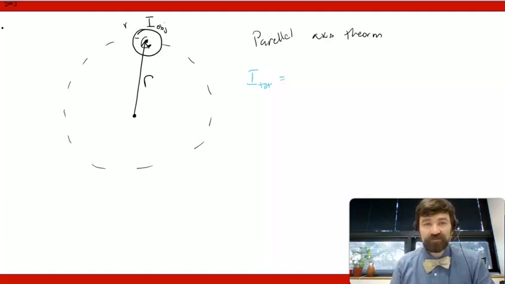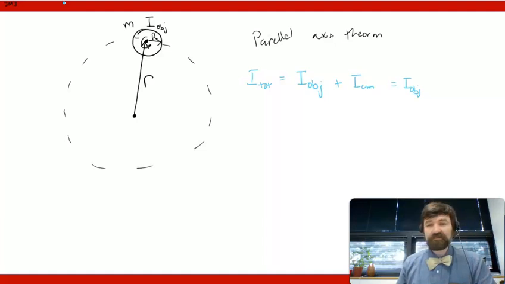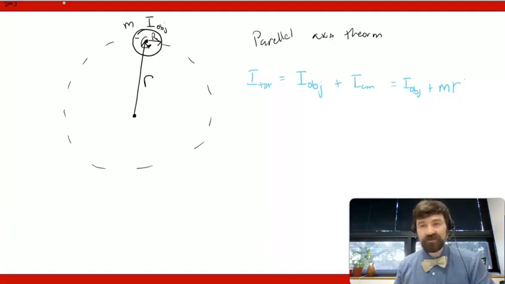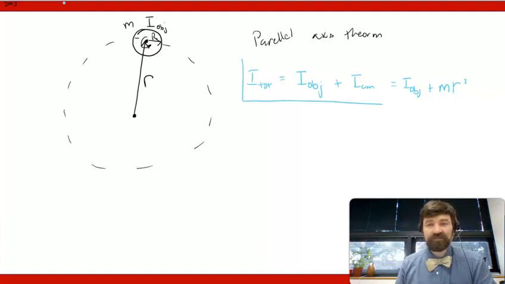So this whole object has mass m, maybe it has radius capital R, something like that. Your I total is therefore I OBJ, sort of like its geometric moment of inertia, plus the object's mass times, whoops, this would actually be a little r squared from the center of rotation.